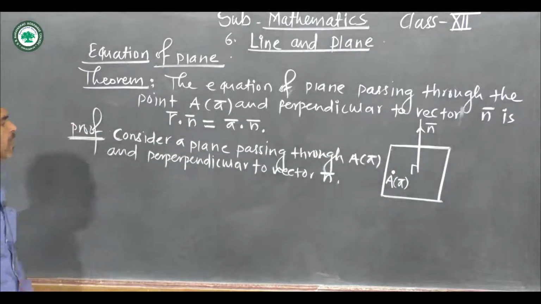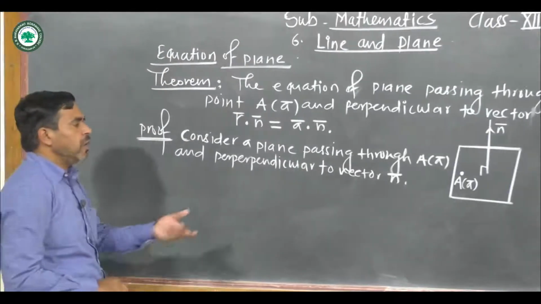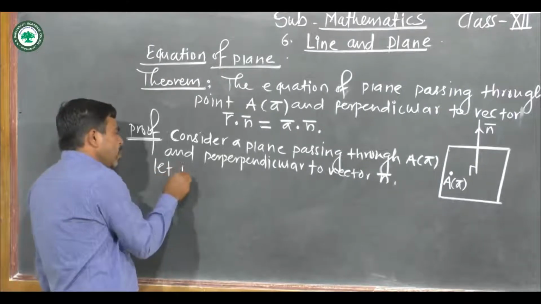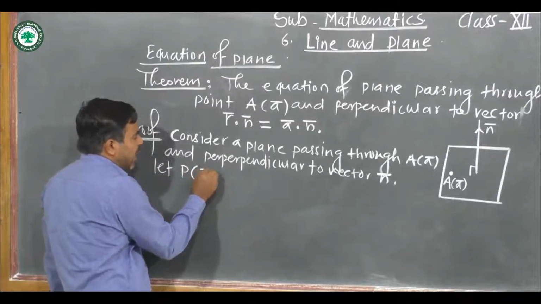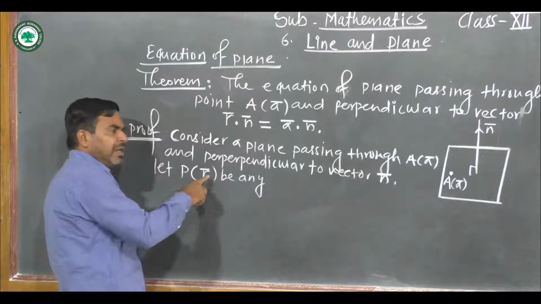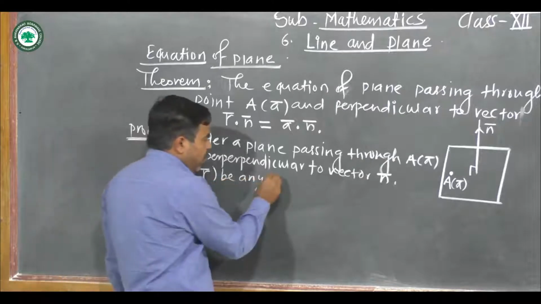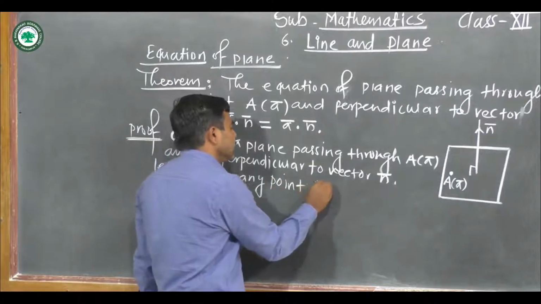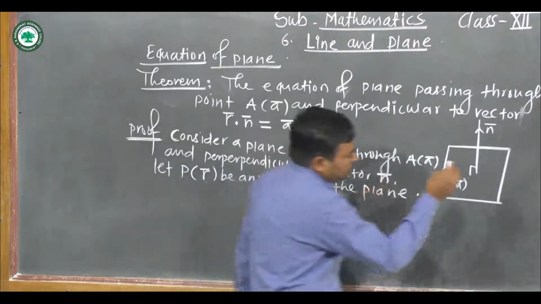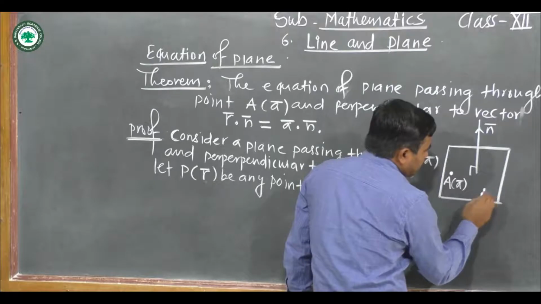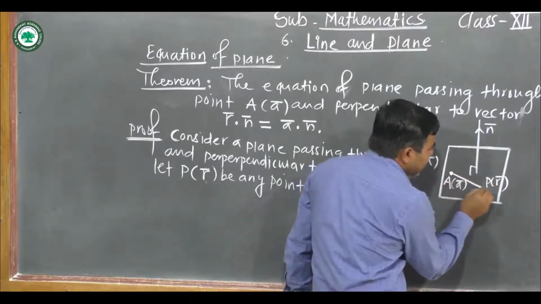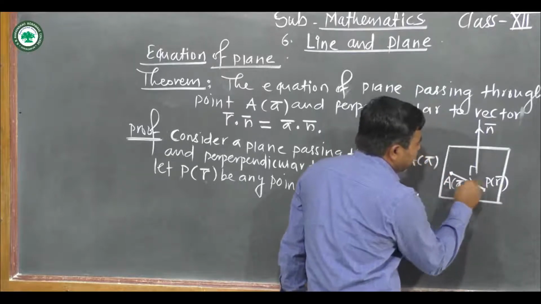So n bar is normal to the plane, n bar is perpendicular to the plane. Let point P with position vector r bar be any point on the plane. Means point P with position vector r bar is a variable point, any point on the plane. So if this point P is here, this is the point P with position vector r bar. Now join AP.